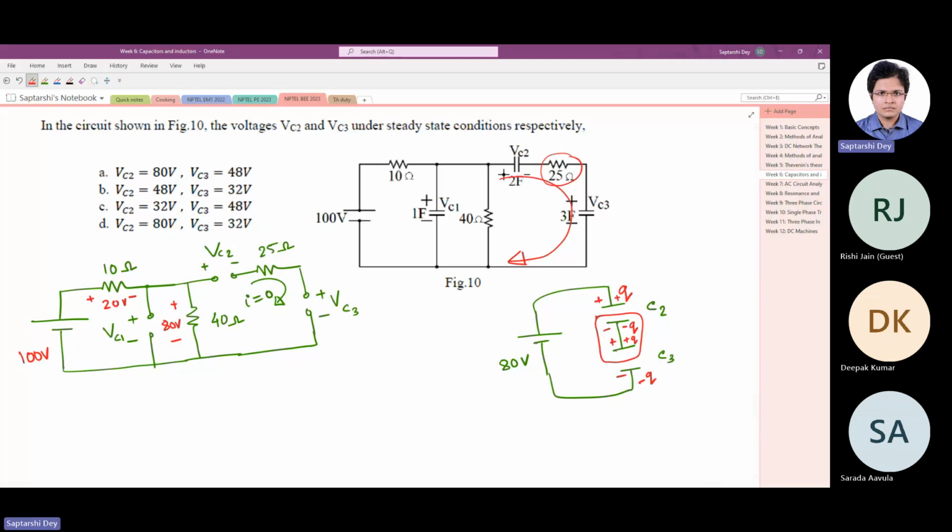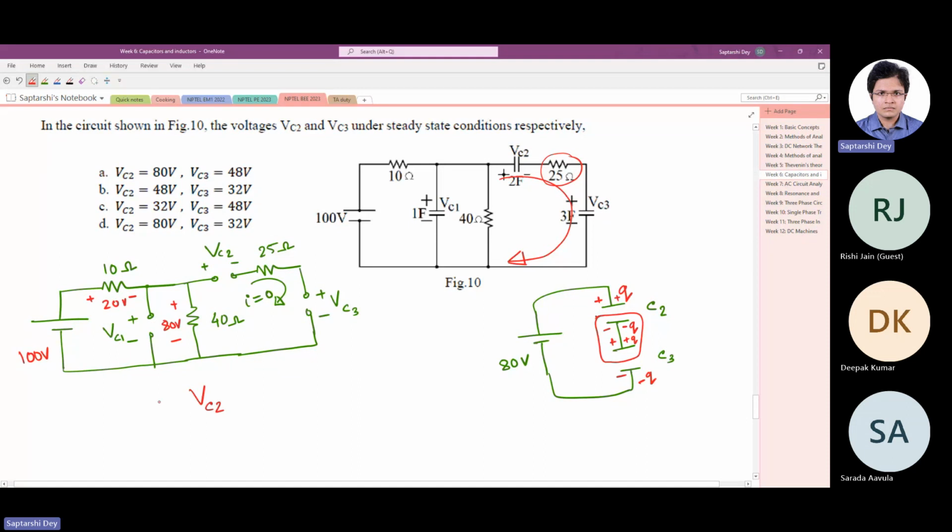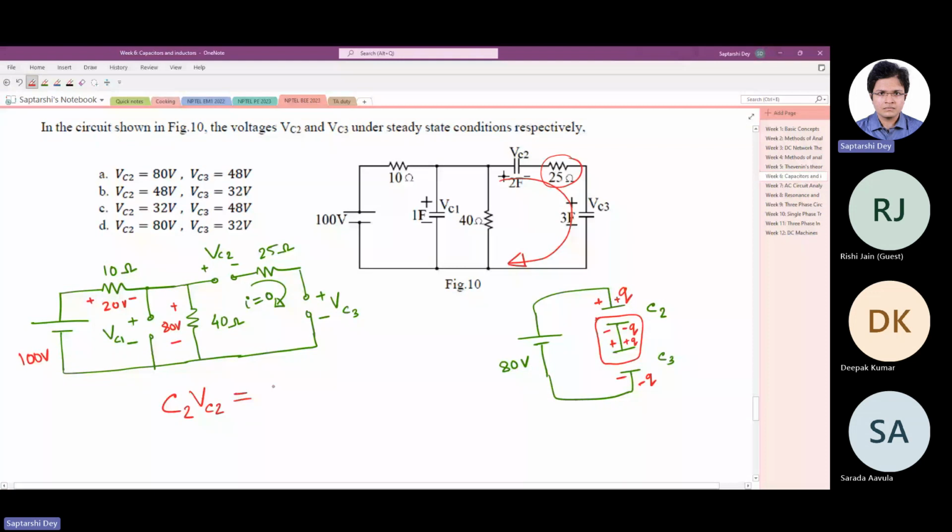Now we know the charge distribution, so we can write that capital VC2 times C2 equals Q. Q equals CV, sorry, VC2 equals Q by C2, VC3 equals Q by C3. So what we can say is VC2 by VC3 equals C3 by C2.